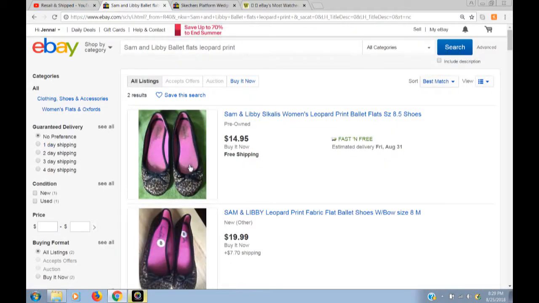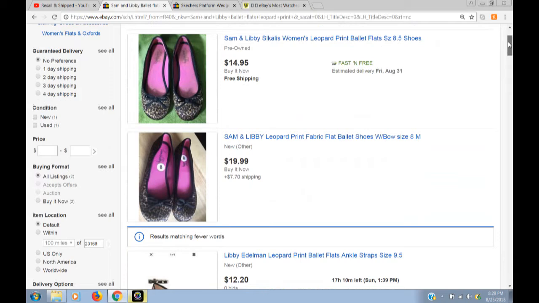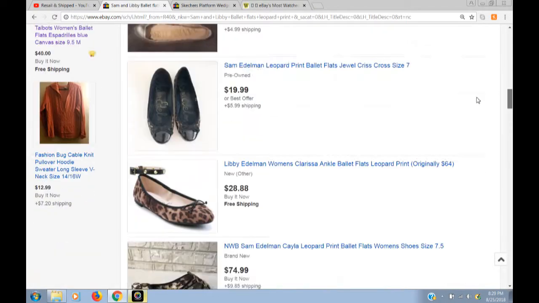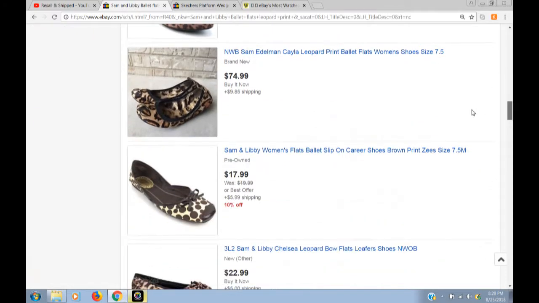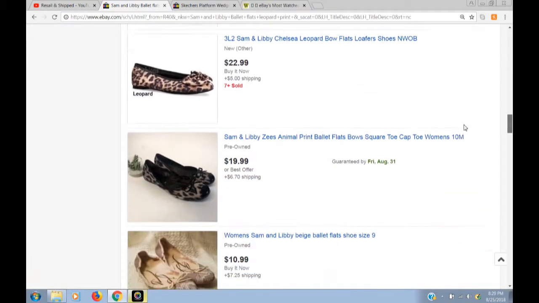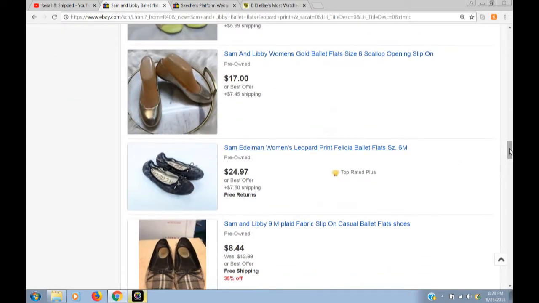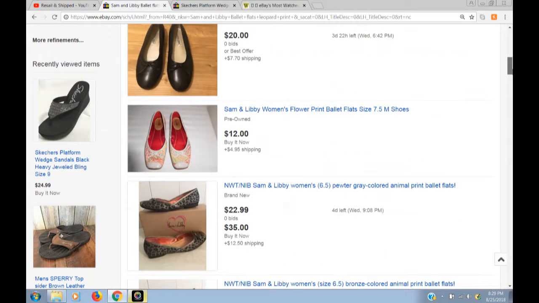These look kind of similar, except ours doesn't have a bow. So I'm thinking $14.95 with free shipping might be the right way to go. I'm pretty sure I paid $1 or so. Actually, those were in a bag sale with my friend. She let me put them in her bag. And so maybe 50 cents for the shoes.